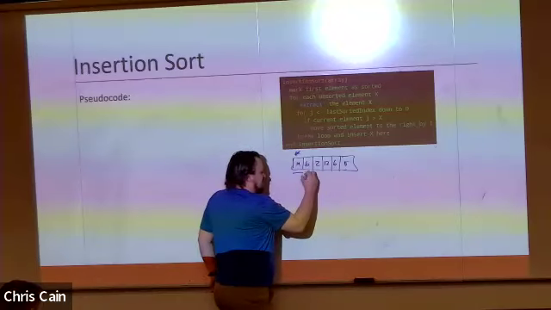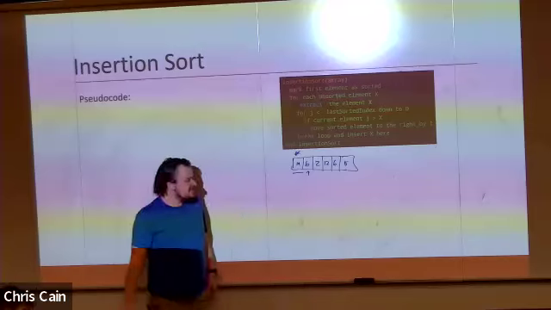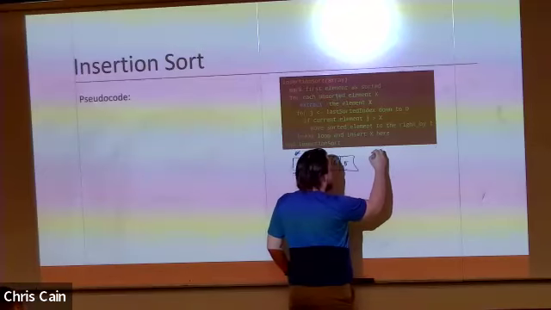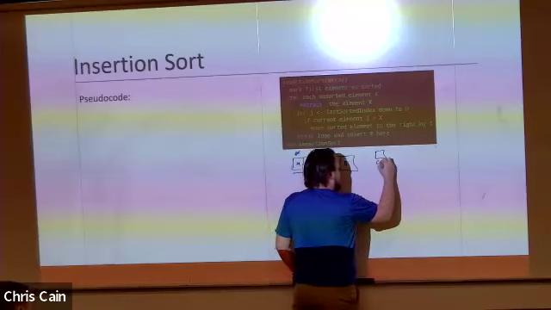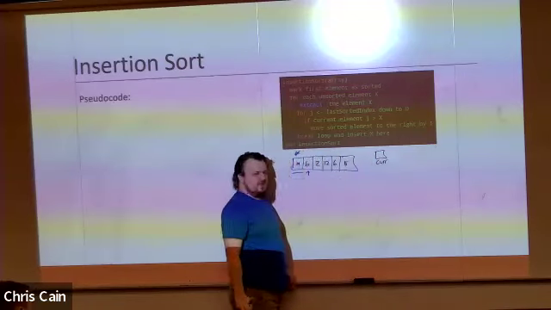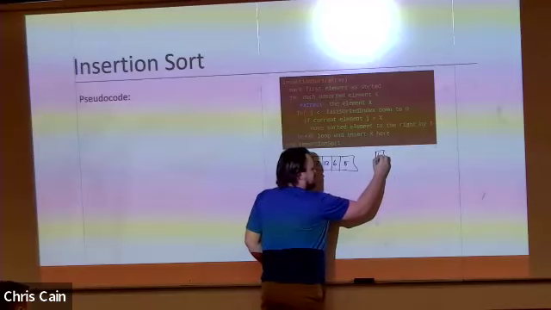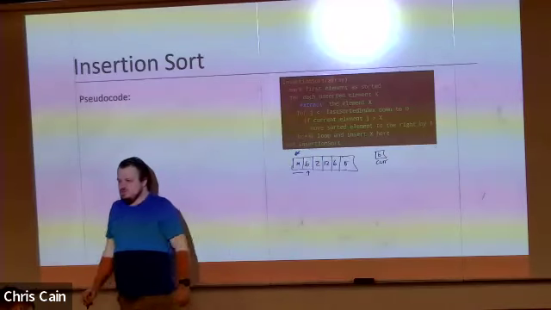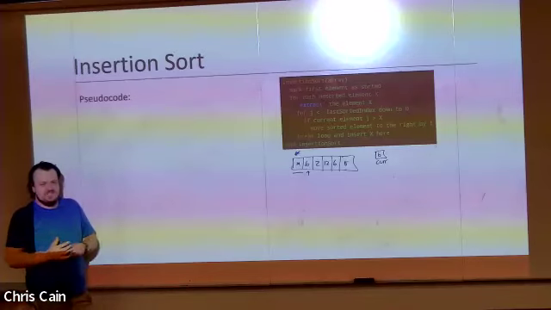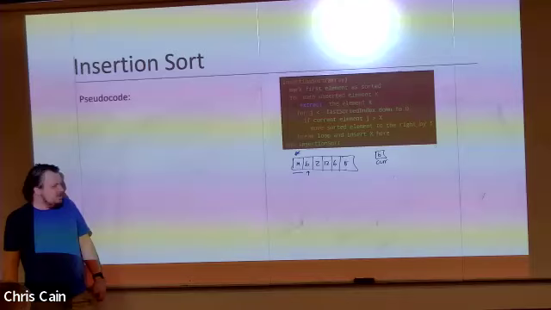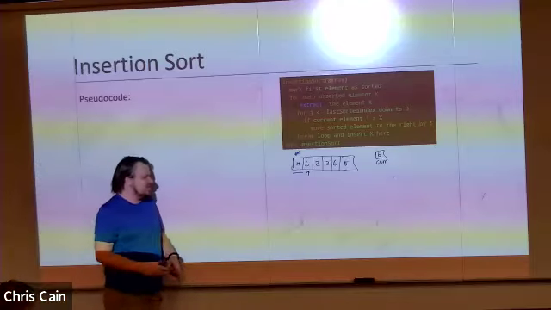So now we're going to extract this 6. By extract, we're going to store it off in a variable that we'll just call the current value we're looking at. Now we need to march down the array, making space for this 6, swapping it with everything that is larger than it.